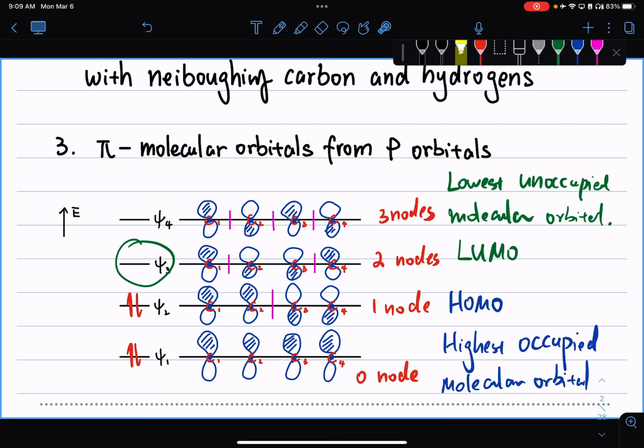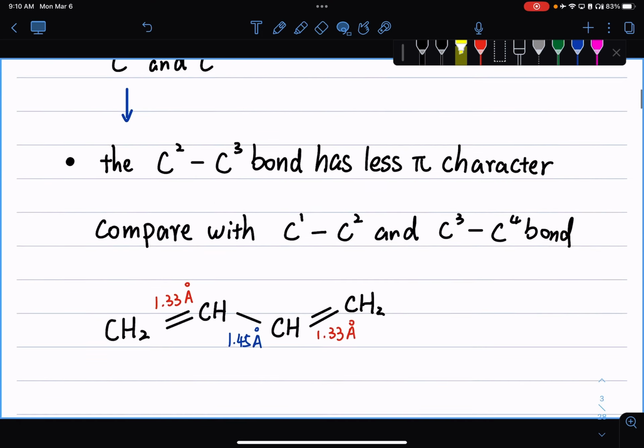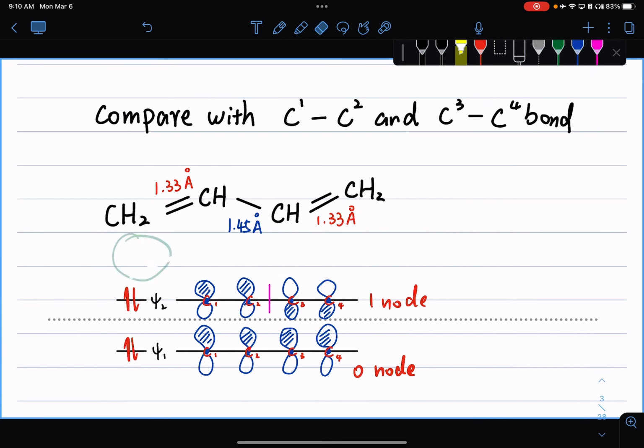That's one part of the chemical information. The other possibility is, can you derive information about the bond length or bond strength looking at your pi-MO diagram? For example, if we're focusing on the HOMO here, the highest energy occupied molecular orbital, we can derive information about the bond length.